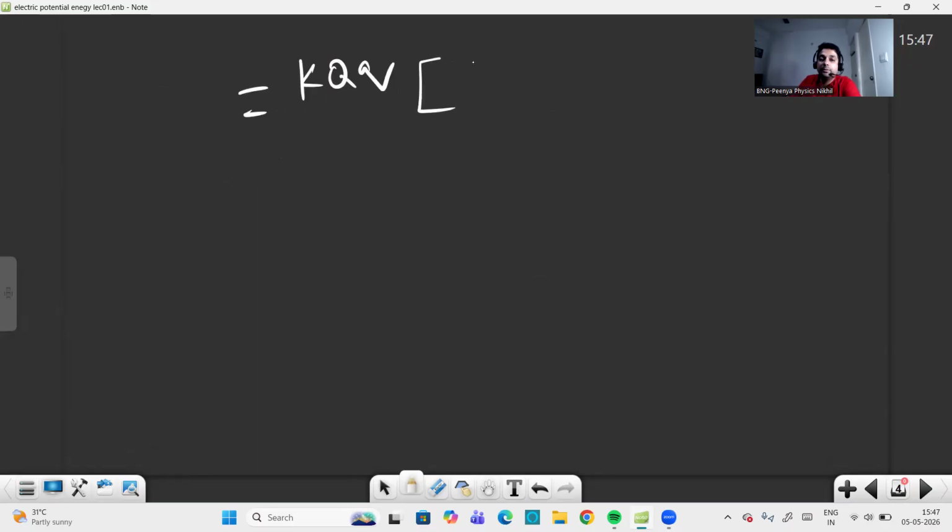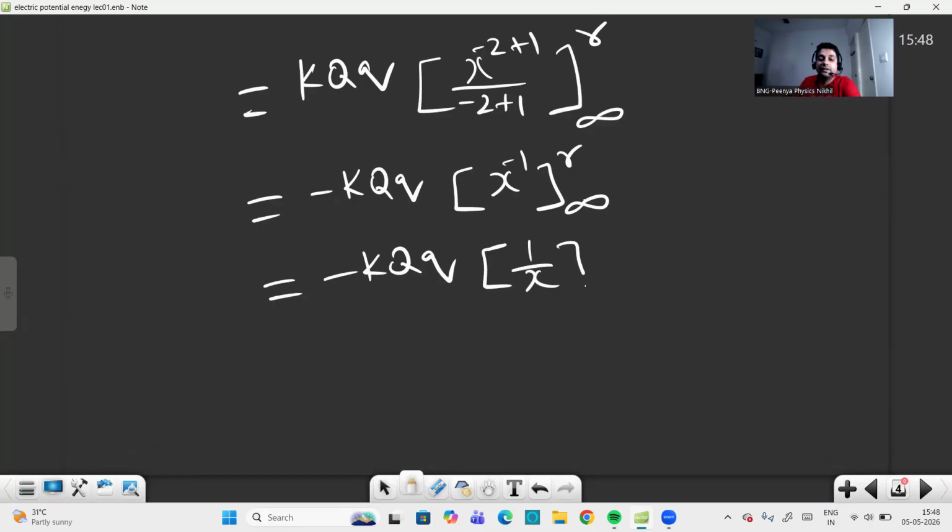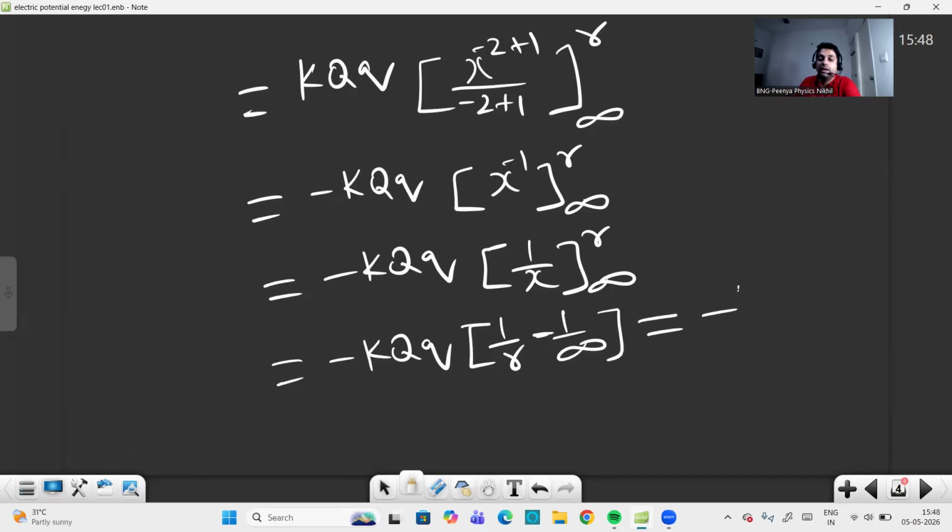So it will be x to the power minus 2 plus 1 divided by minus 2 plus 1, integrating from infinity to R. So it will be minus K Q q, then x to the power minus 1, that is 1 by x, from infinity to R. Finally we get minus K Q q times 1 by R minus 1 by infinity. This will be minus K Q q by R.